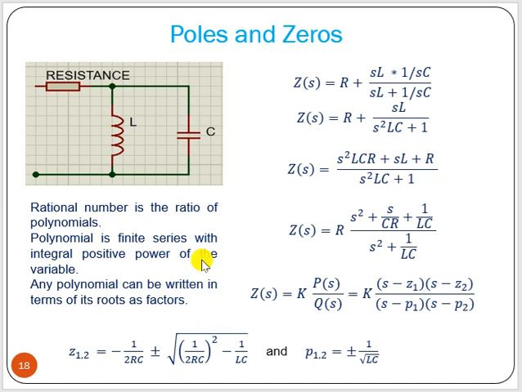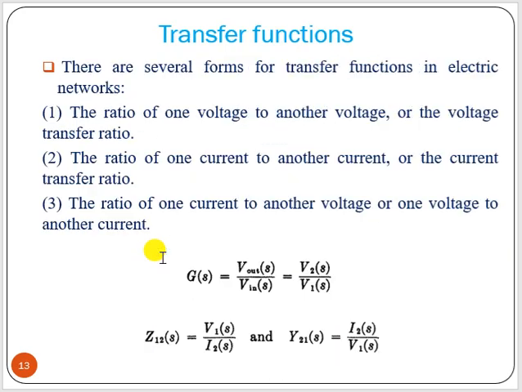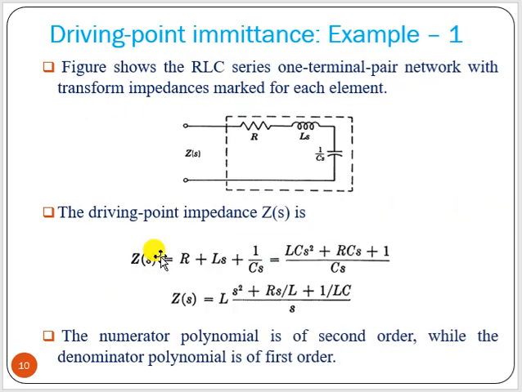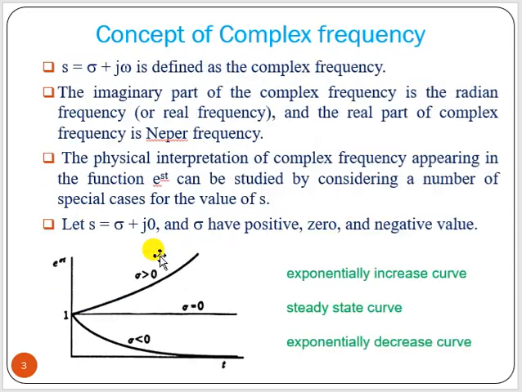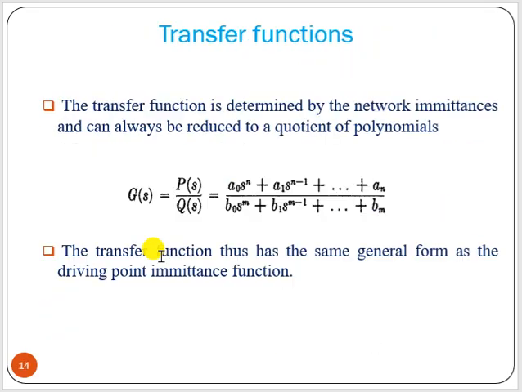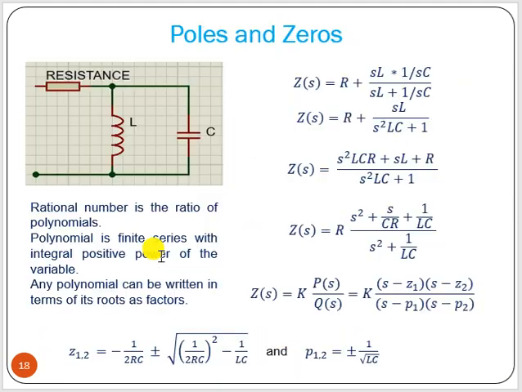A rational function is nothing but the ratio of two polynomials. A polynomial is a finite series with integral positive powers of the variable. So that is K P(s) by Q(s) we can write.